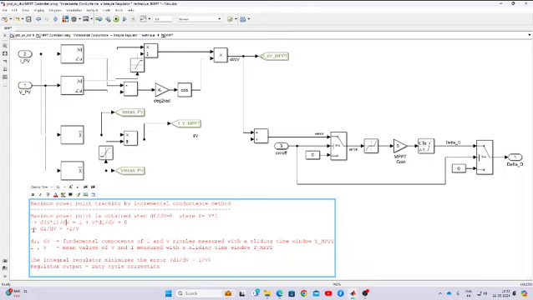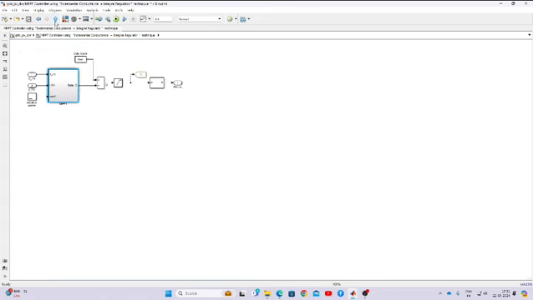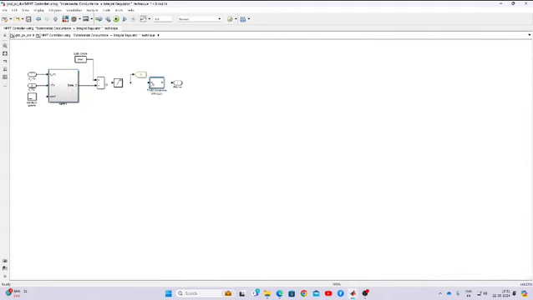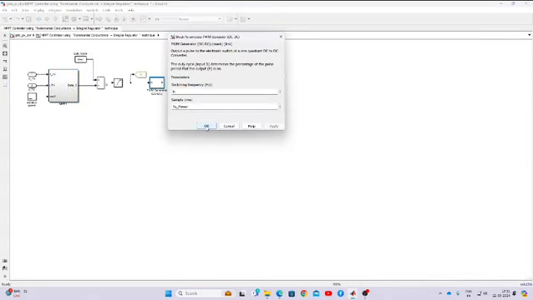If dI/dV is greater than minus I/V, then we need to increment the duty cycle, or else you have to decrement the duty cycle. For that we have this block for calculating dI/dV and I/V, and finally it is processed via the pulse generator.